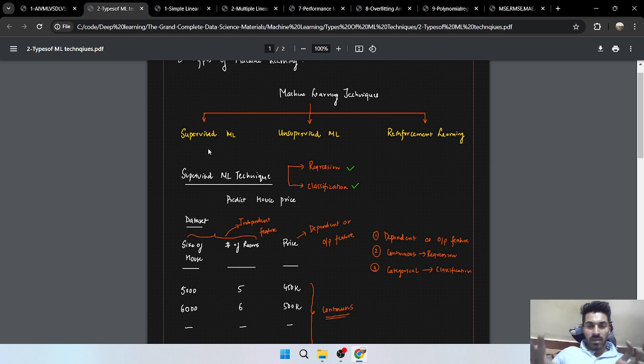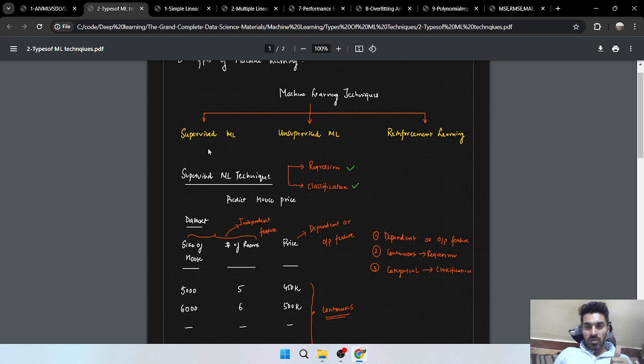The third one is reinforcement learning. Reinforcement learning is a reward based algorithm, used for example in robotics. Suppose your robot is not performing well, so you use a reward and penalty based approach.